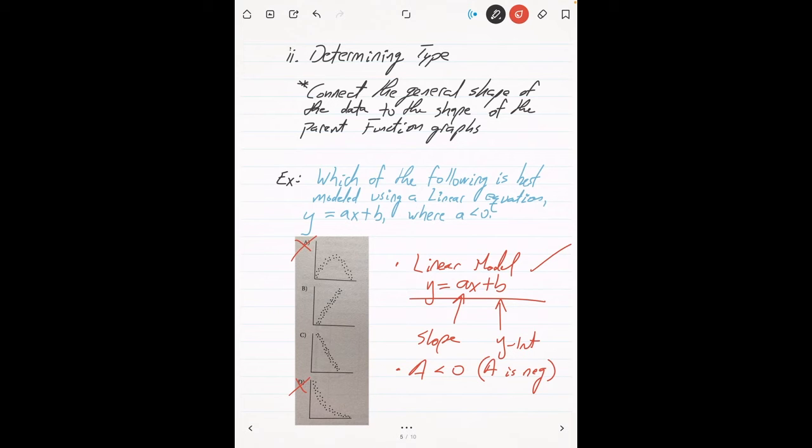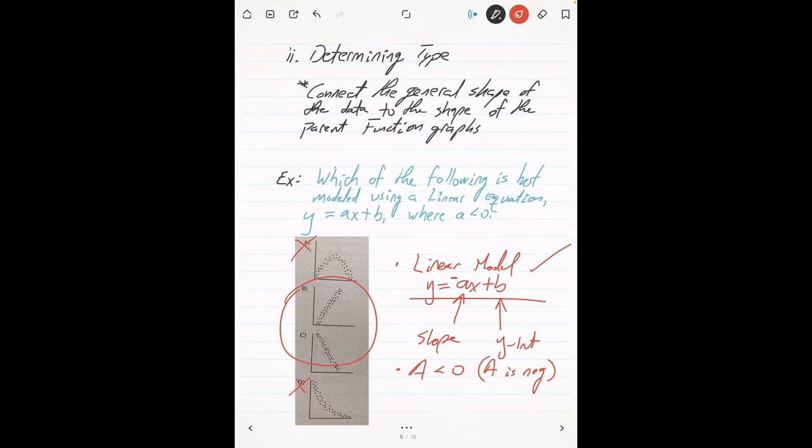Well, how does that tell me anything about the two graphs here? Pause the video, take a minute. Think about what it means that a here is a negative number. Our slope, because that's what a is, is a negative number. What does that tell us about the graph that we should get?